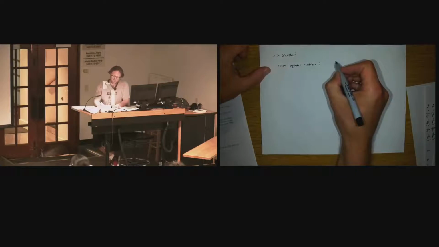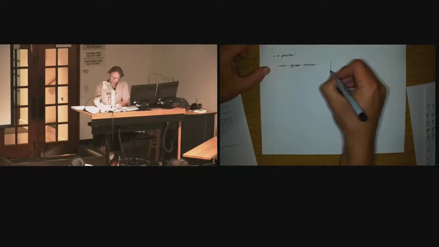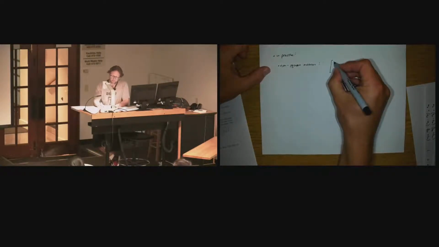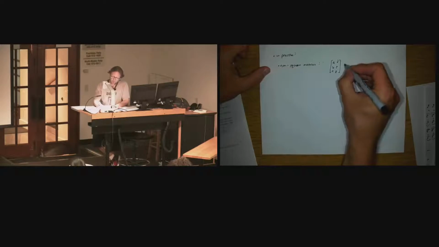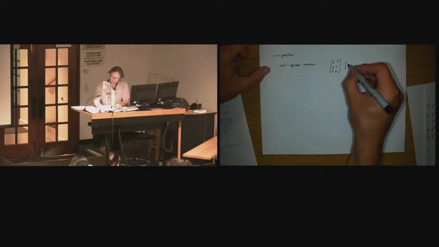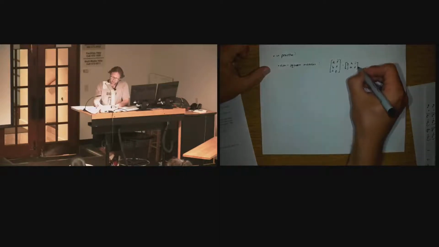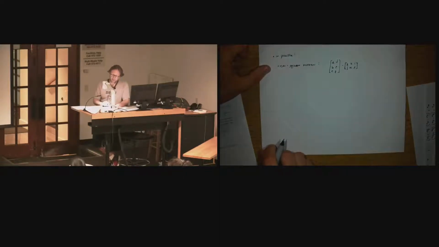Say that I've got a 3 by 2 matrix, A, B, C, D, E, F, and I can multiply this by a 2 by 3 matrix, A, B, C, D, E, F, G, H, I, J, K, L. There we go. And that'll result in a 3 by 3 matrix, right?